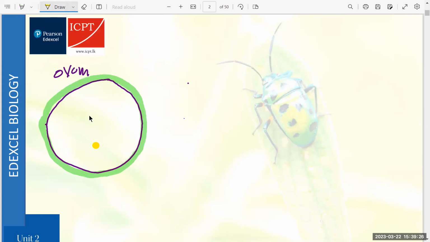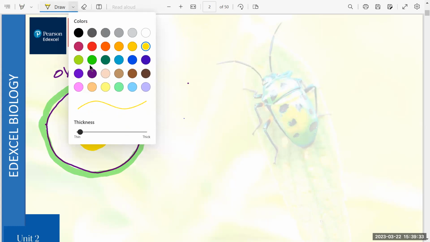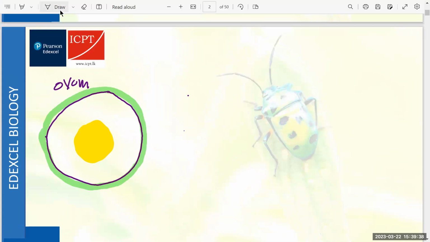Inside, we can find a full set of chromosomes now. It becomes now... we call it, because half of the chromosomes from the sperm and half of the chromosomes from the ovum fused to make a full set of chromosomes, in humans 46.